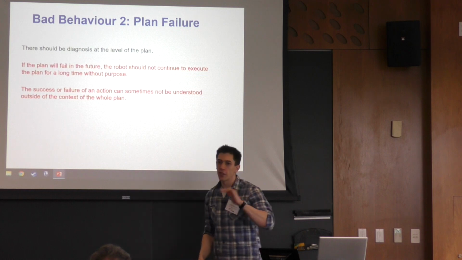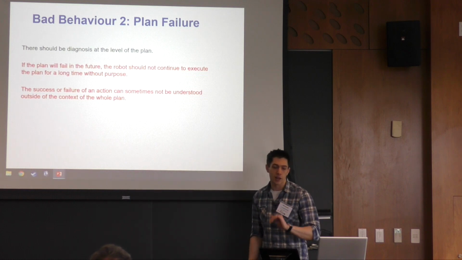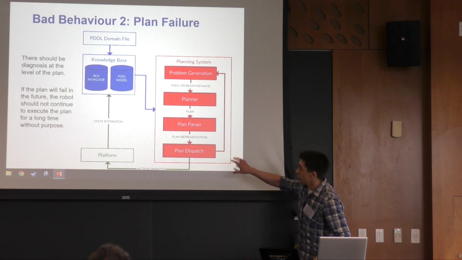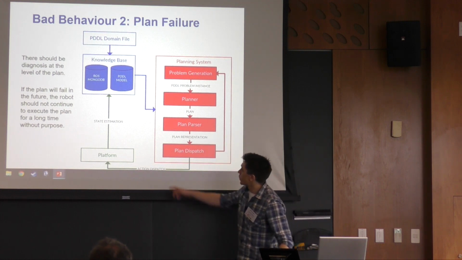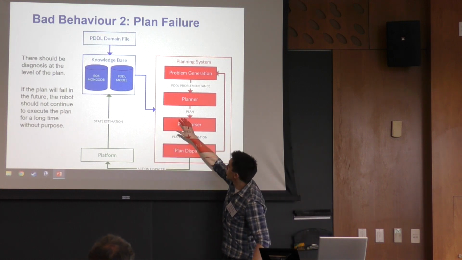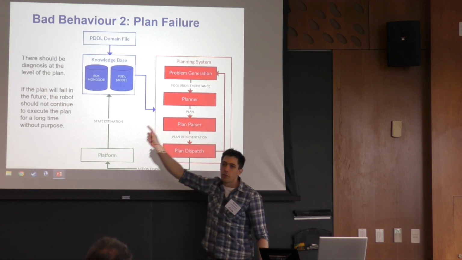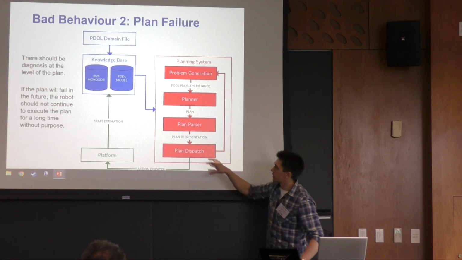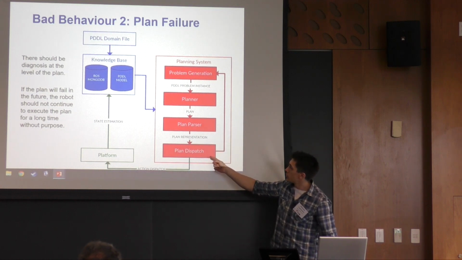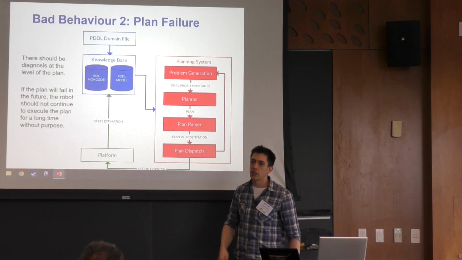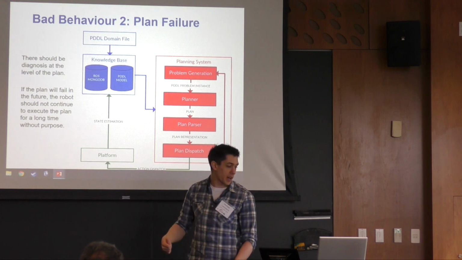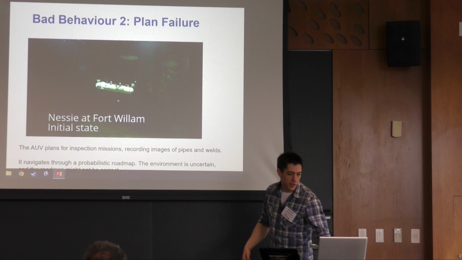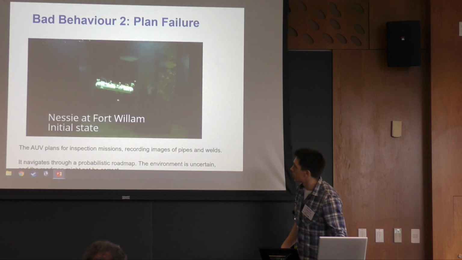That's why this kind of diagnosis has to take place at a higher level. So going back to this diagram, that's why this blue arrow from the knowledge base is not just directly piping the information into the problem generation, but is actually kind of touching everything here. Because the dispatch is also performing validation continuously. I have an example.